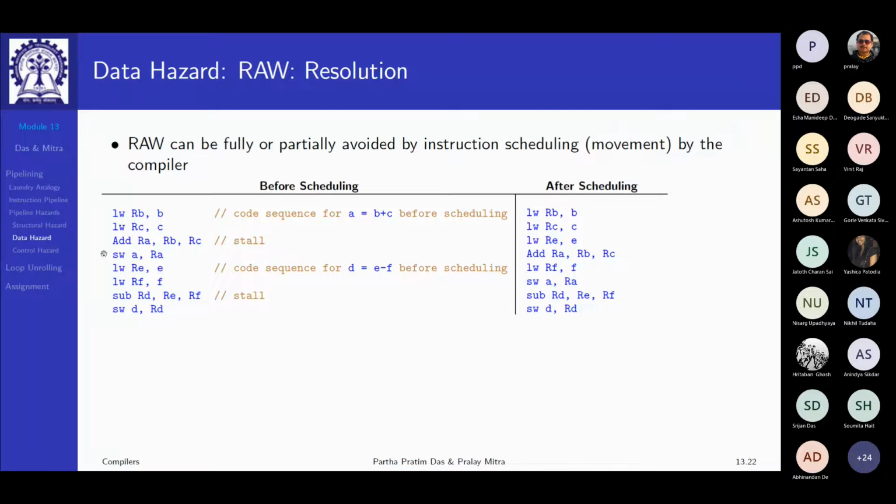So for example, after the first two instructions, add cannot happen because you are having to stall here. Naturally, store will be even further than that.